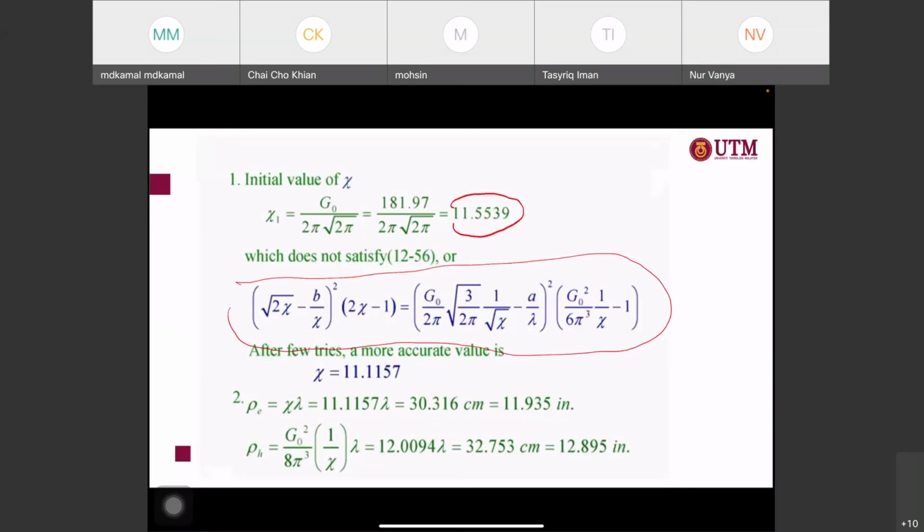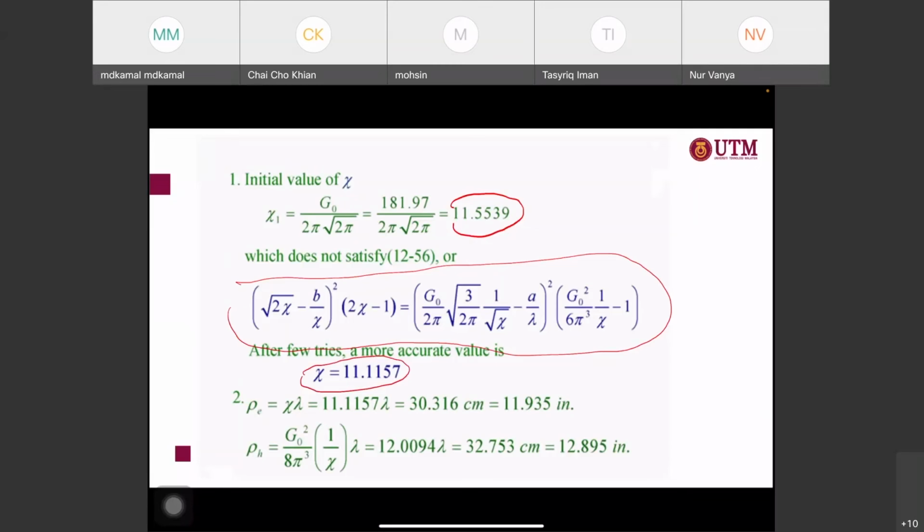Since it is not really satisfied, you need to do some approximations until you obtain these two particular values that are the same. It will take you time, because the design here is more accurate if you use this concept.